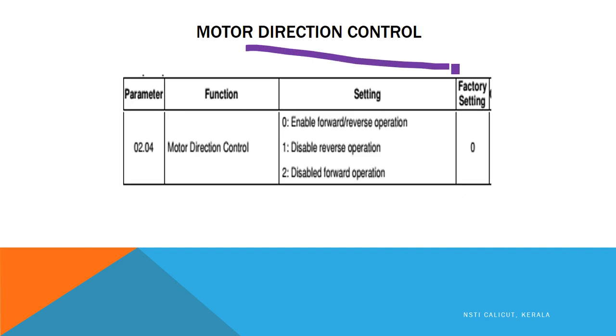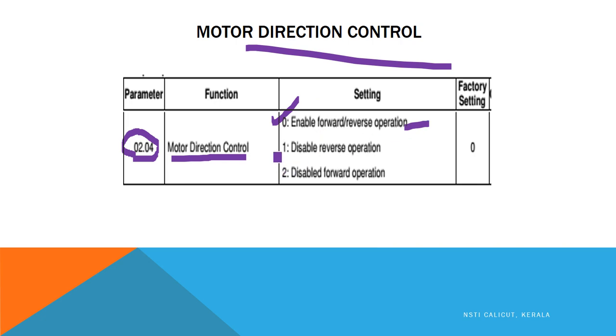Next is motor direction control. We know in the conventional motor how we are controlling the direction of motor. We will be controlling the motor direction by changing any two lines. But in VFD it is very simple. You have to just set the parameters. If you are setting the 2.04 parameter in motor direction control and setting it as 0, it is suitable for both forward and reverse operation.